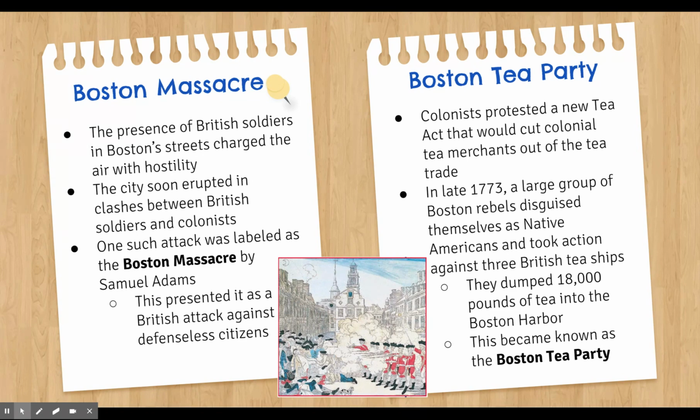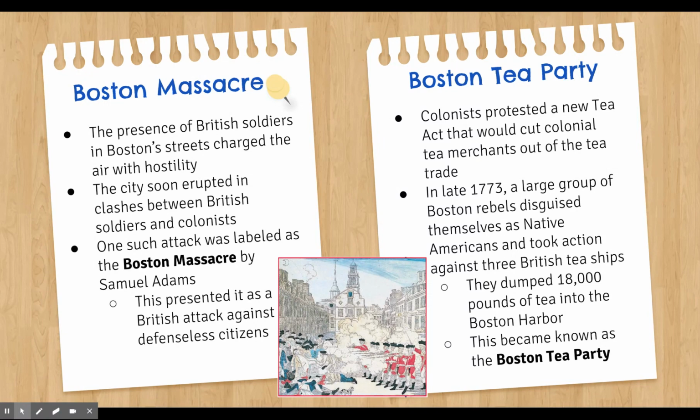Again, being part of the Sons of Liberty, he is part of this resistance group, does not like British rule, so he's trying to create this narrative of what's happening. And so by calling it the Boston Massacre, even though I think only 3 people died, it's beginning to present this event as a British attack against defenseless citizens.